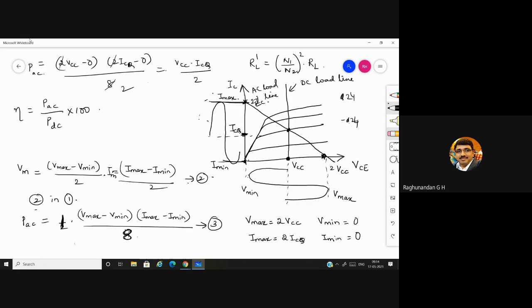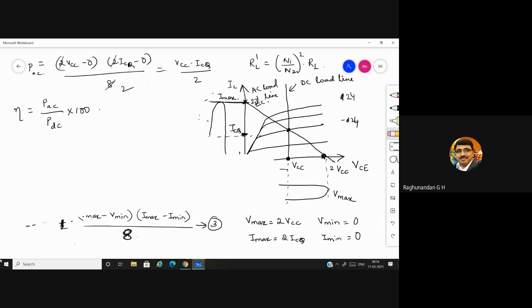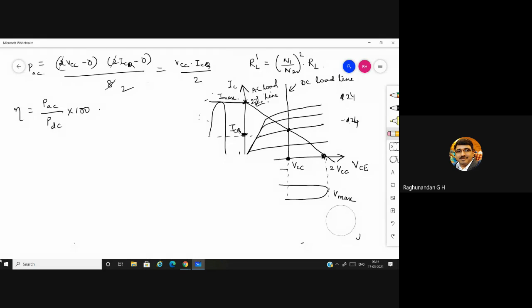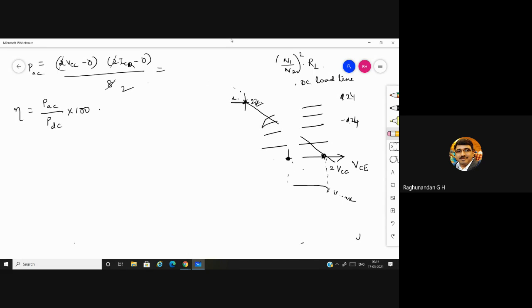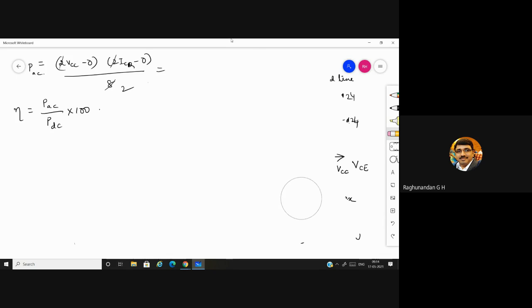Now substitute the values for PAC and PDC.